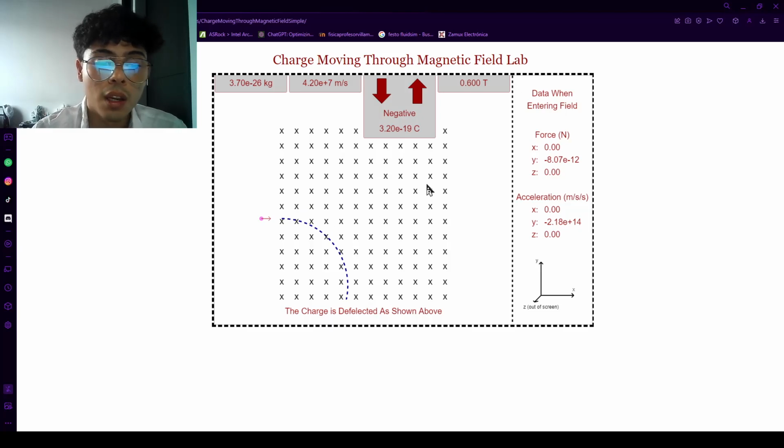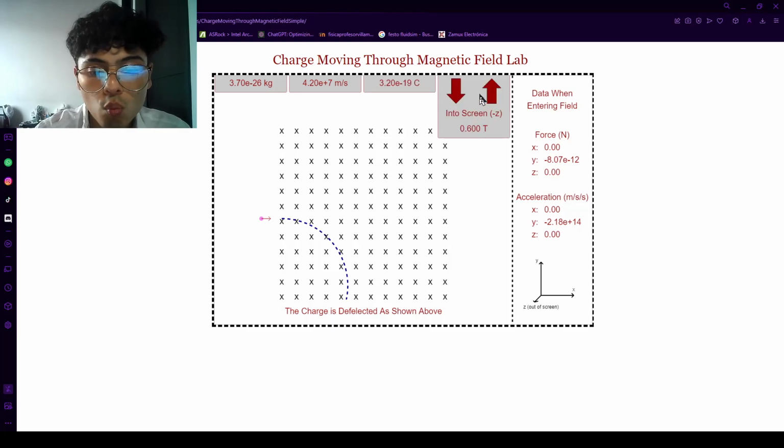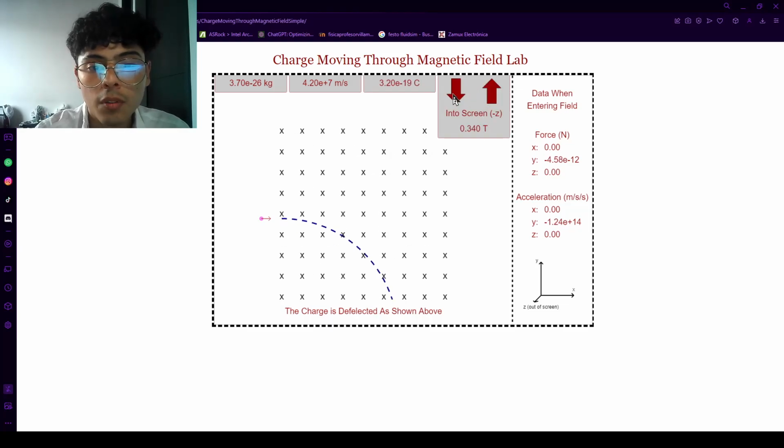In this exercise, we will work with a field strength of 0.340 newtons per coulomb.